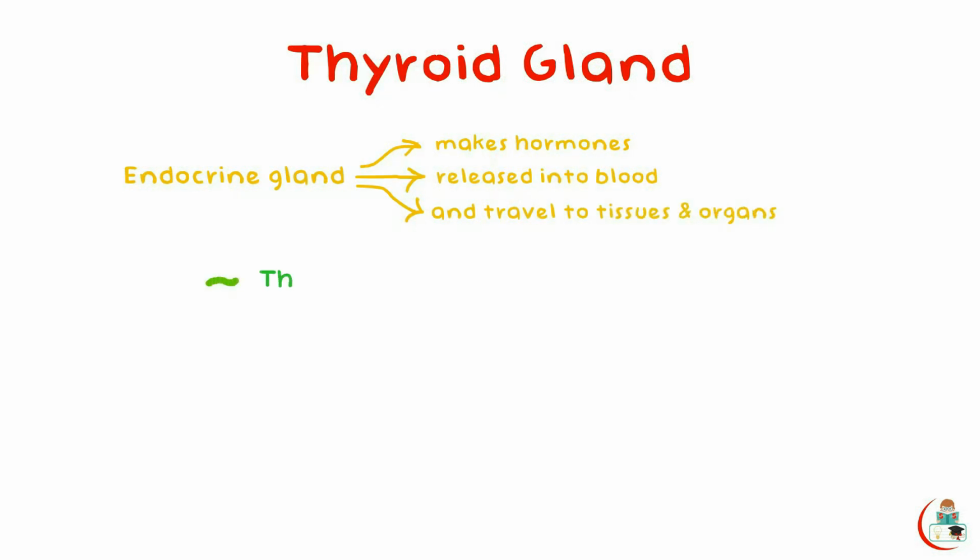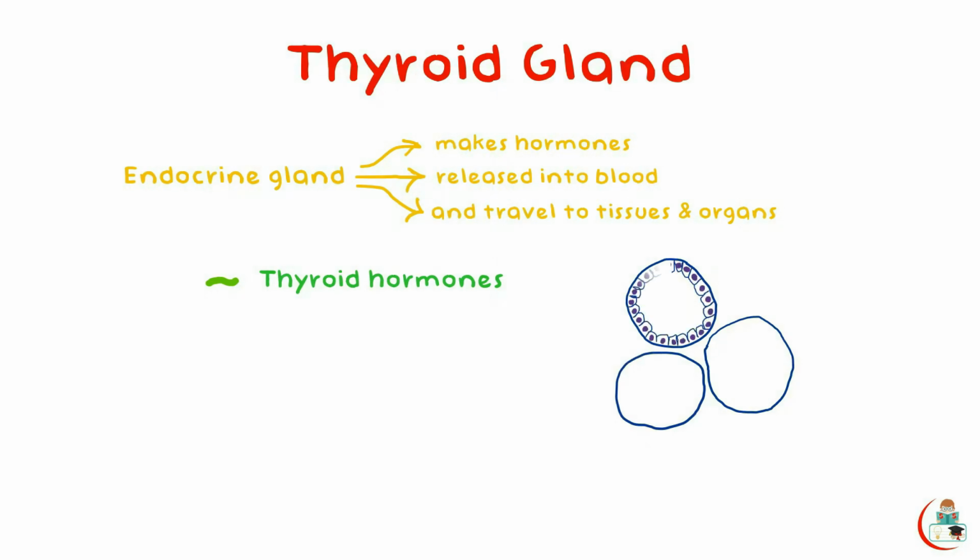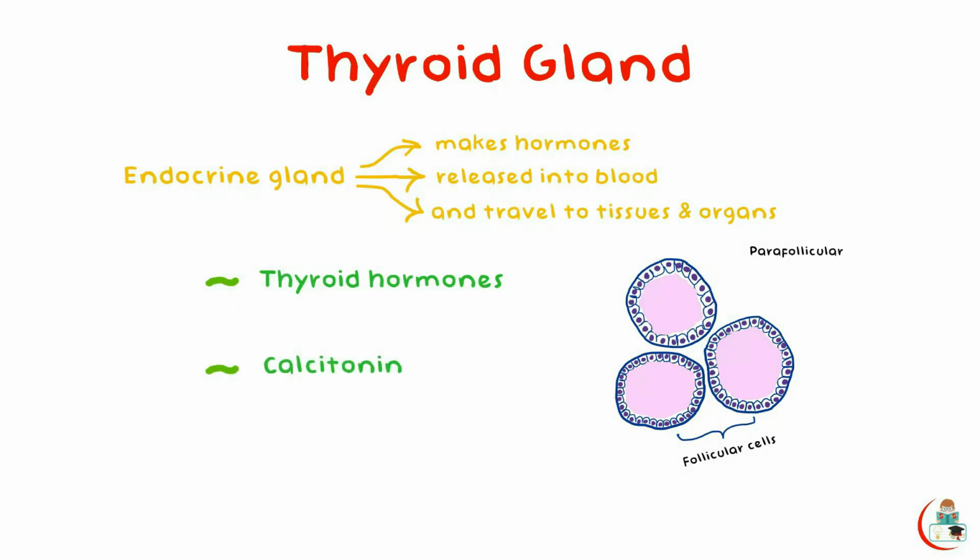The thyroid gland produces thyroid hormones, which are secreted by the follicular cells, and calcitonin hormone that is secreted by the parafollicular cells. Thyroid hormones are triiodothyronine or T3 and tetraiodothyronine or T4, which is also called thyroxine hormone.